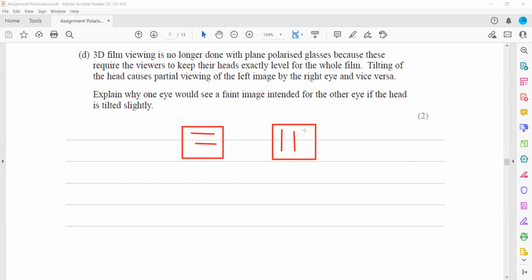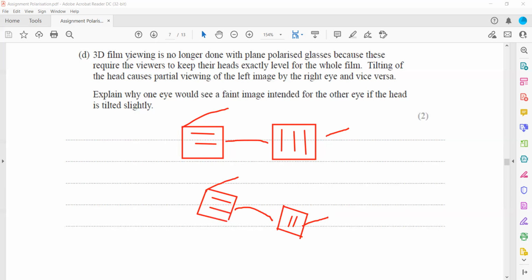Because if the head is slightly tilted, for example, if a person watching a movie tilts his head, in this manner he's getting a clear image, but in this manner it appears faint.